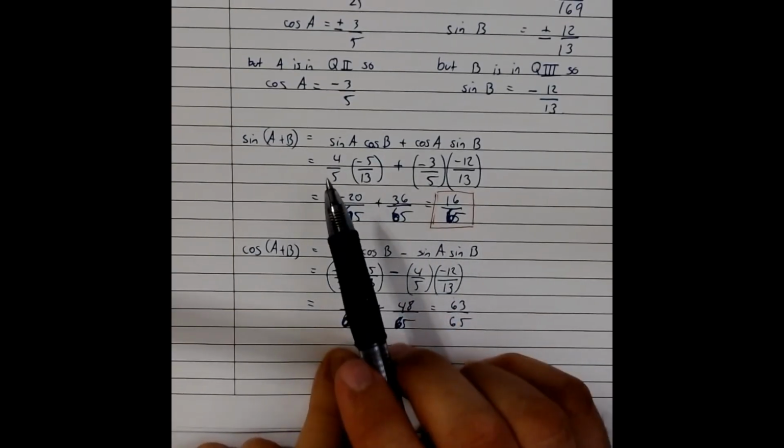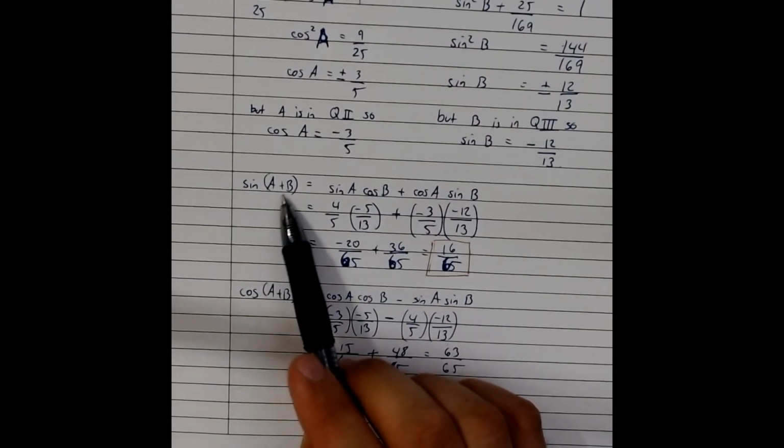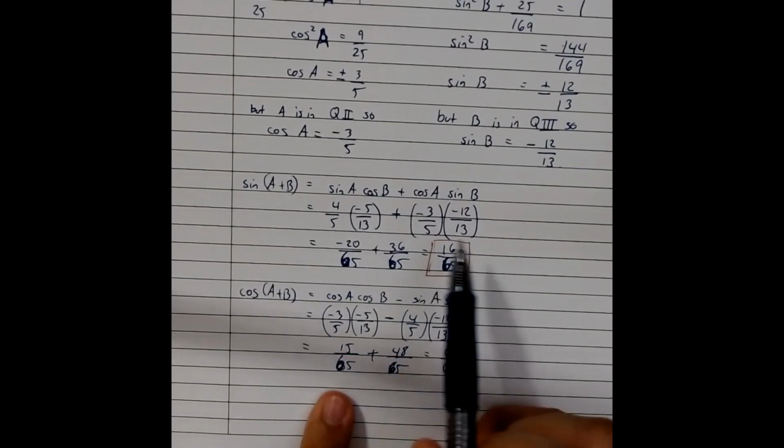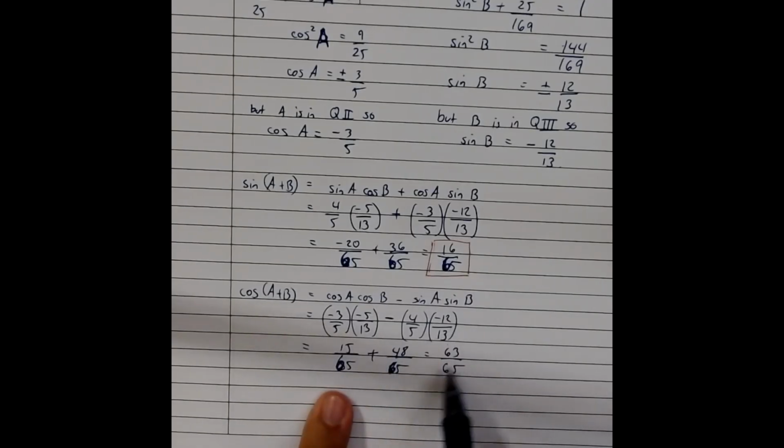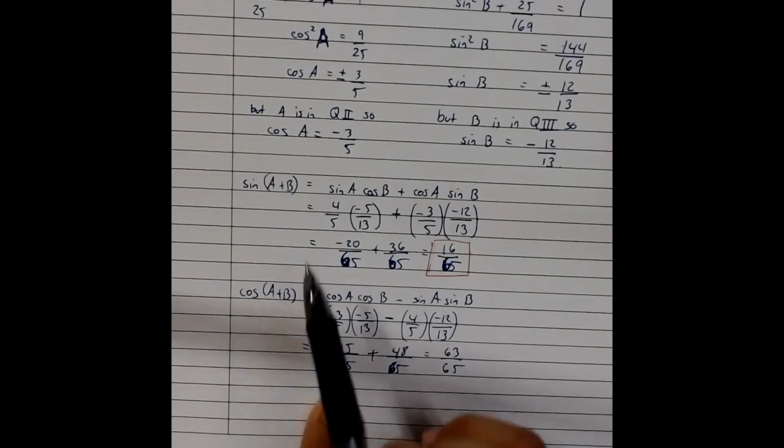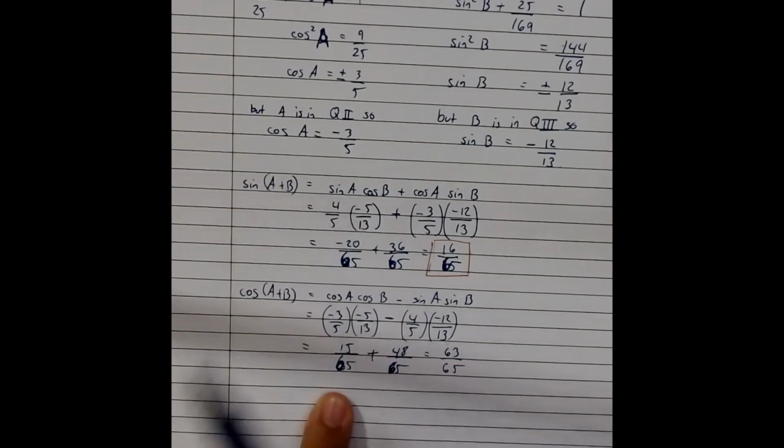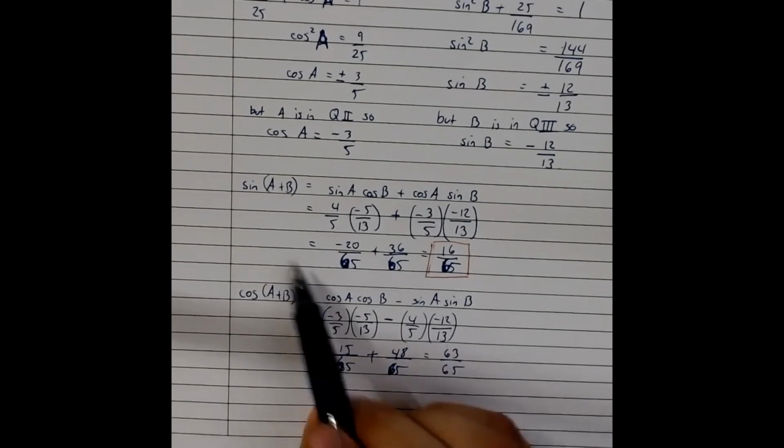Okay, so we're looking for the quadrant of A plus B. We already know the sine is positive, and we just found that the cosine is positive. So if the sine and the cosine of this angle are positive, what quadrant must that angle rest in? There's only one place where both sine and cosine are positive, and that's in quadrant 1.